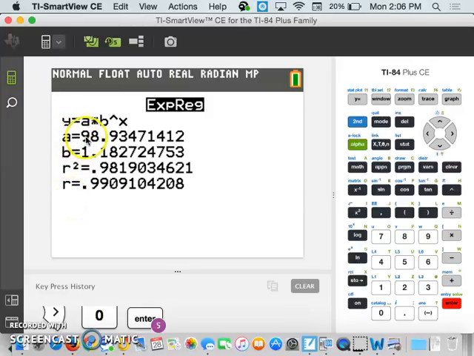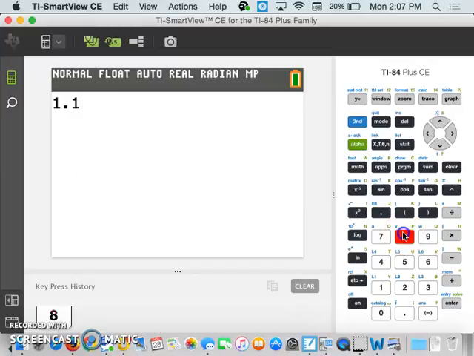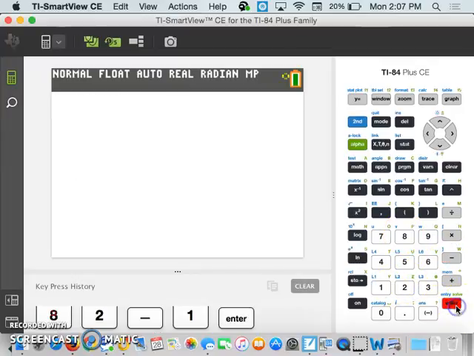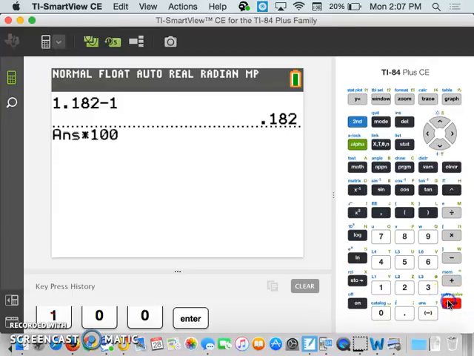My starting value is 98.9, and then I have a growth rate or a common ratio of 1.182. So my percent increase is about 18.2, 18.3. Because remember, I take that 1.182, subtract 1 to get the decimal, and then multiply by 100 to get the percent.